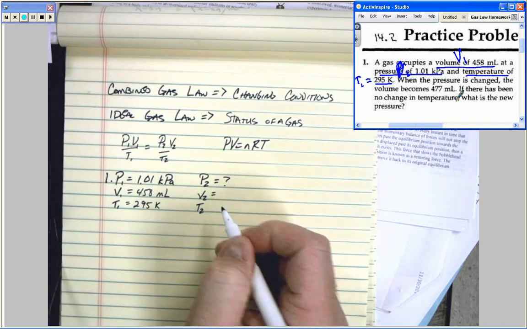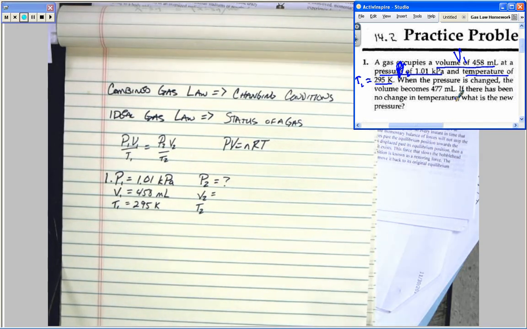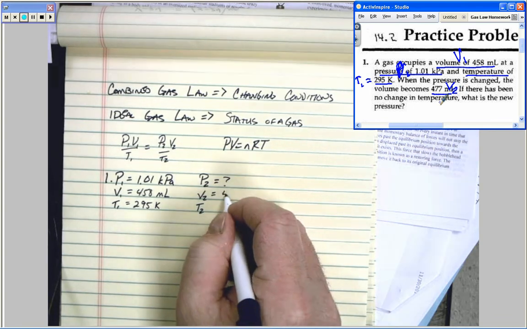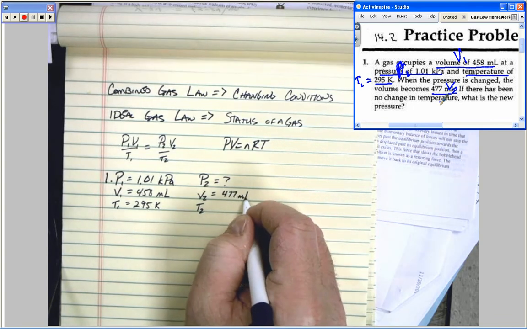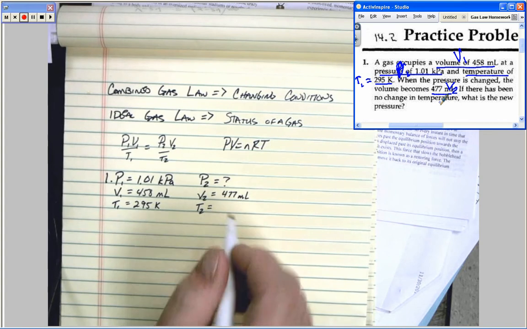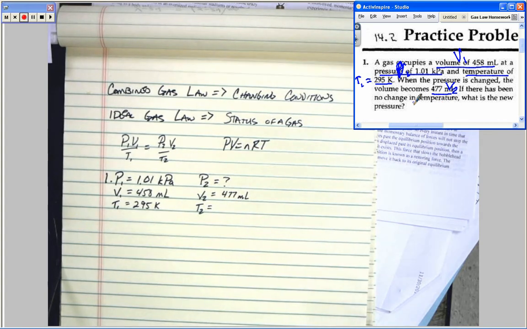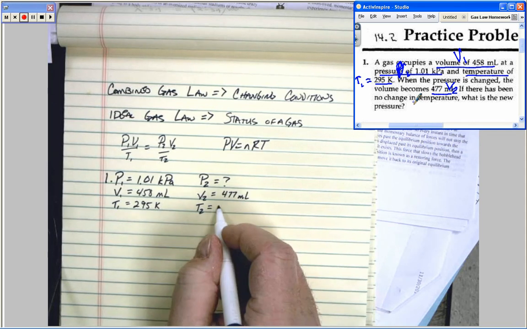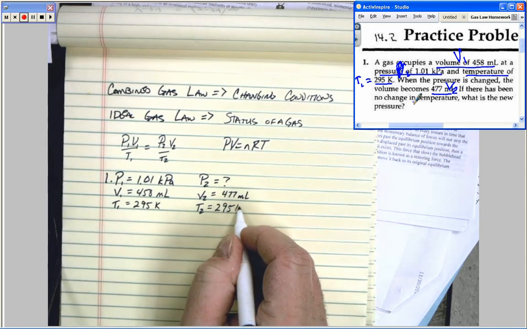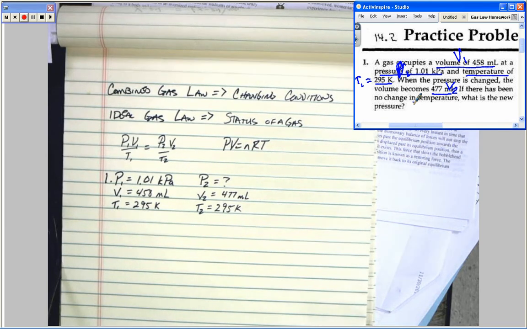We do know, however, that V2 becomes 477 milliliters. And then temperature says there's no change in temperature. So it's going to be 295 Kelvin. Same temperature, right?